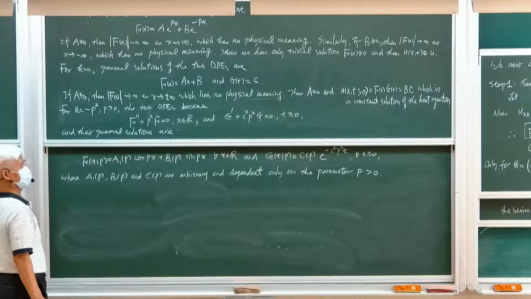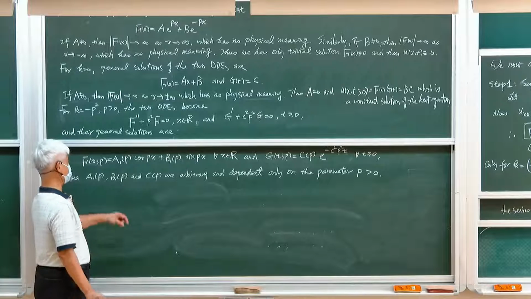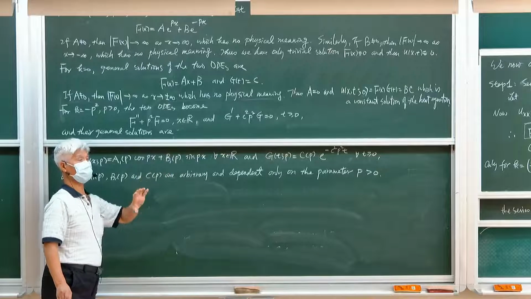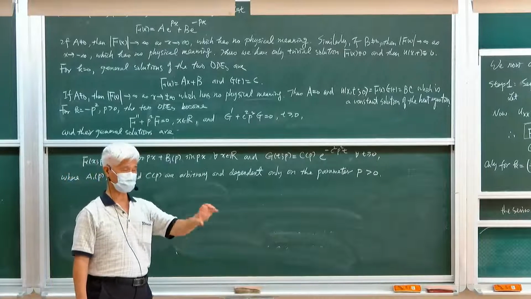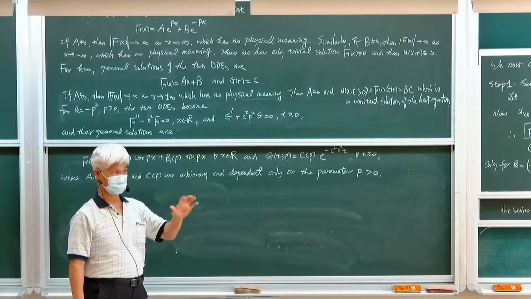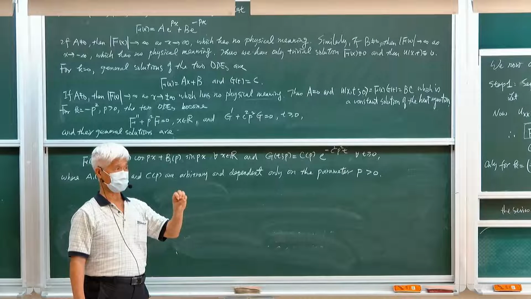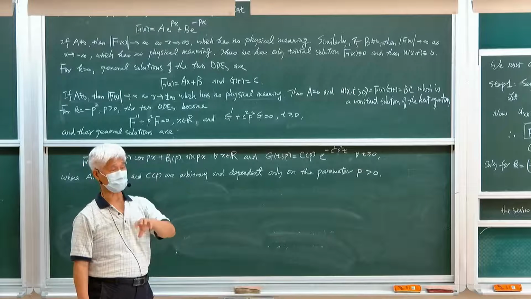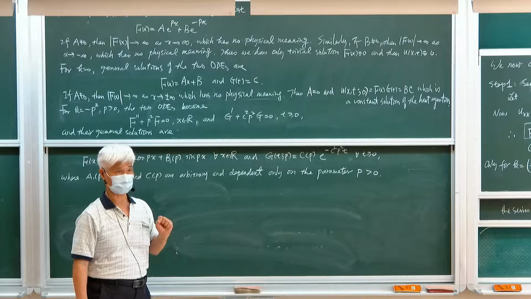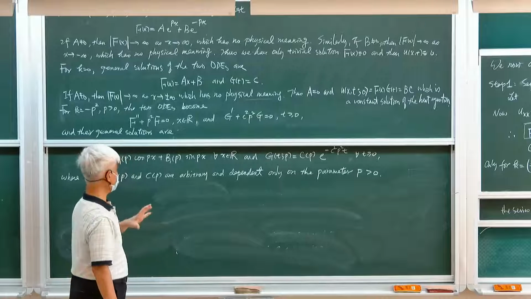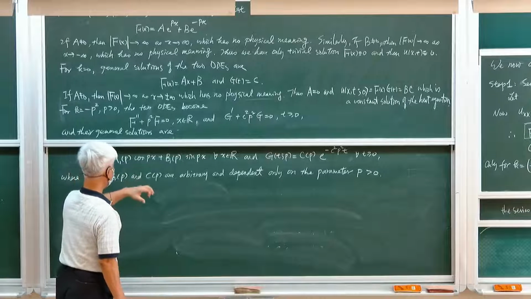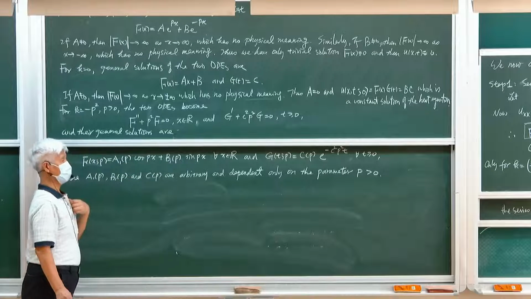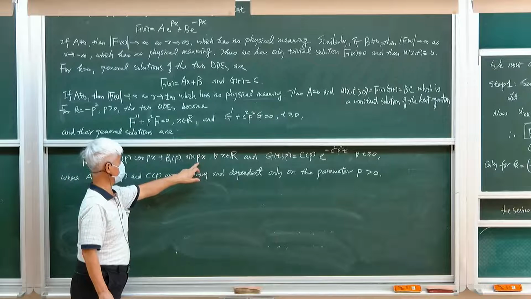We are foreseeing that to determine the coefficients, you are given boundary conditions, for example some specific values, like 0, 0, or 0, 1, etc. And you will see that when you determine the coefficients from the boundary conditions, that will depend on the parameter p.